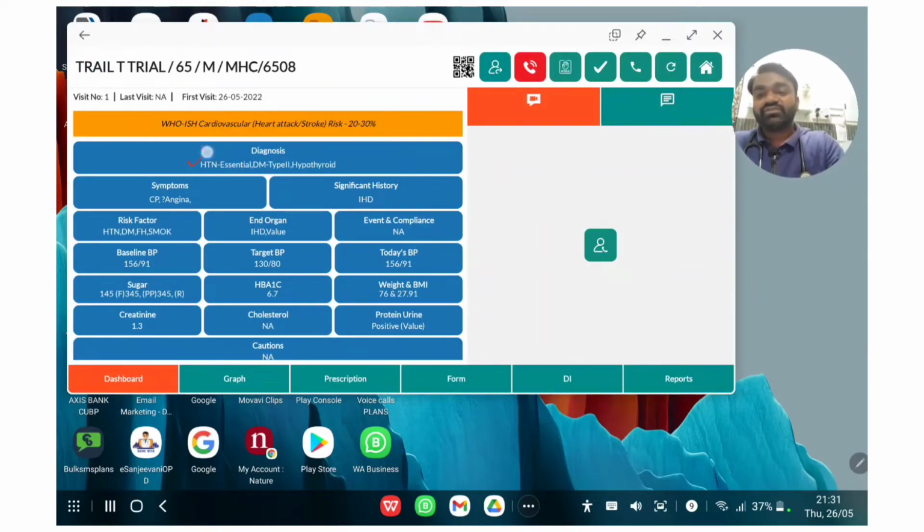So the diagnosis is over here. This is a bird's eye reflection of all the ailments and problems the patient has.